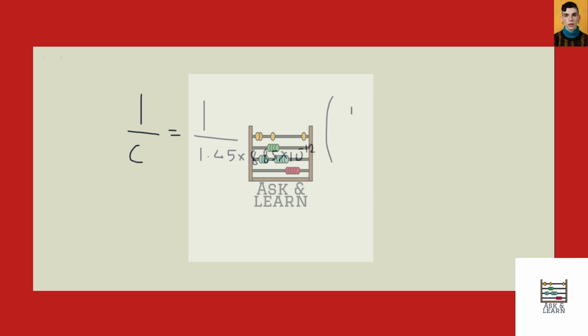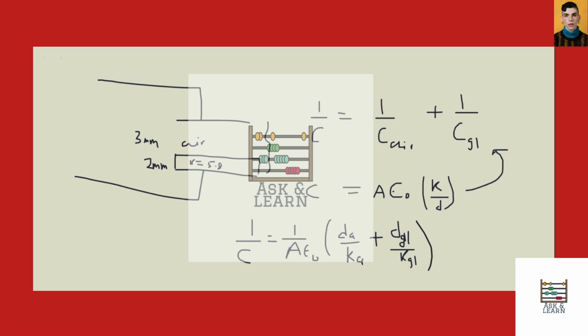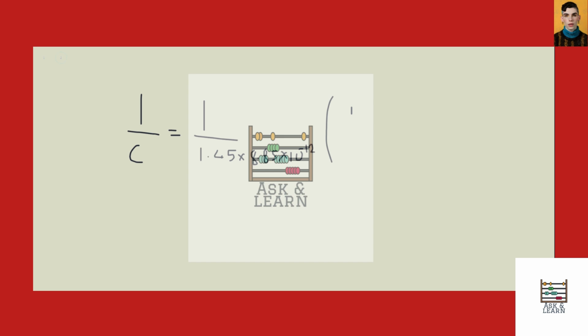Then we know that distance in air is 3 millimeters, so that's 0.003 meters divided by 1, plus we also know that the distance of glass is 0.002 divided by 5.8. Now let me perform this calculation on my calculator.